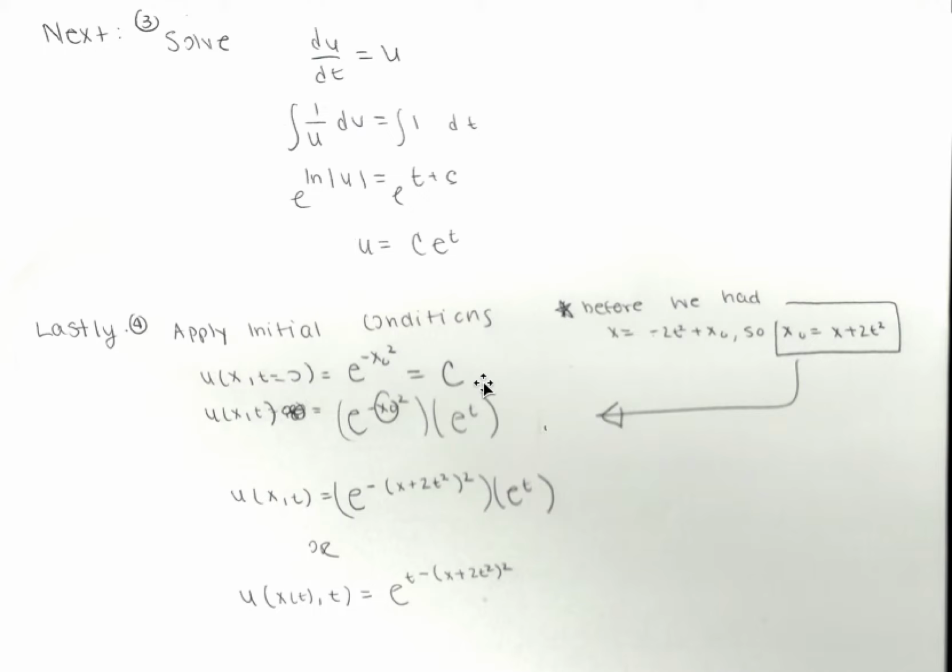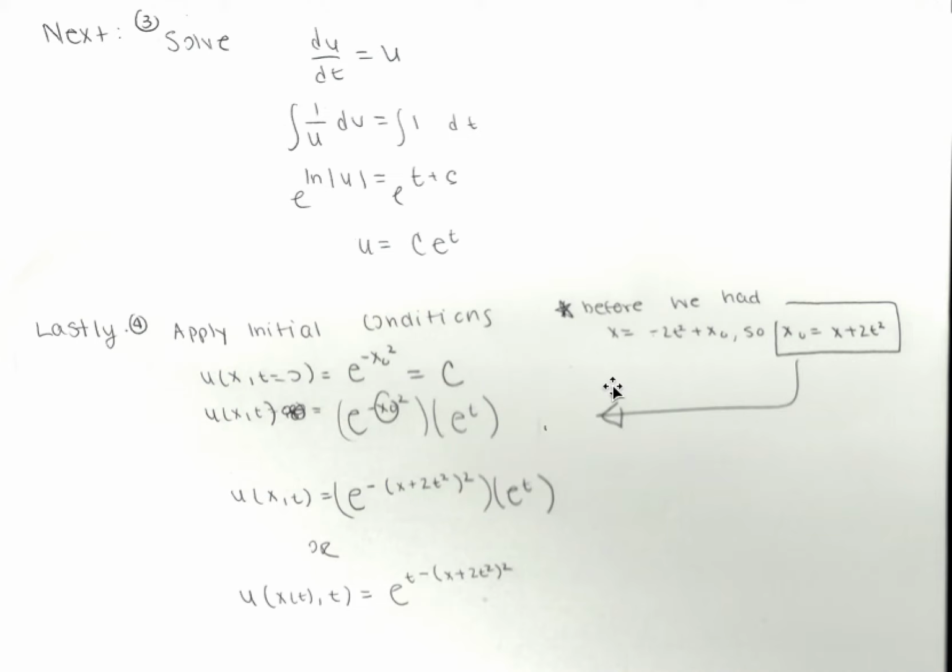If we substitute 0 in for t, we get u is simply equal to c. Therefore, c is equal to e to the negative x naught squared. Putting this all together, we get u of x and t is equal to e to the negative x naught squared times e to the t. Here we just substituted back into this equation that we derived before.